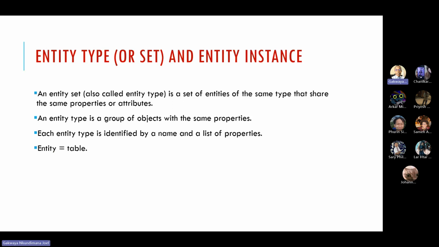Now, next one, look at the heading of this. Now we understand entity type or entity set. We haven't understood entity instances. Important, because somewhere you will be asked about instances.